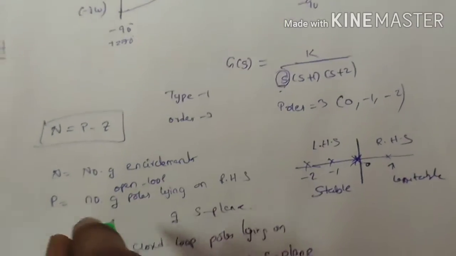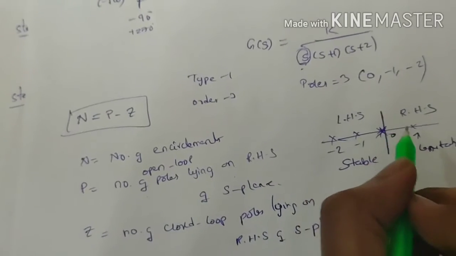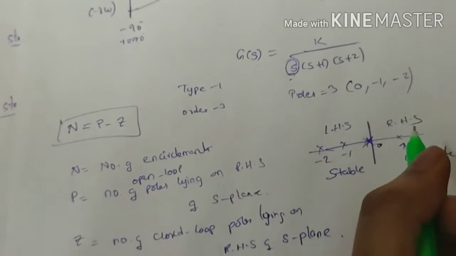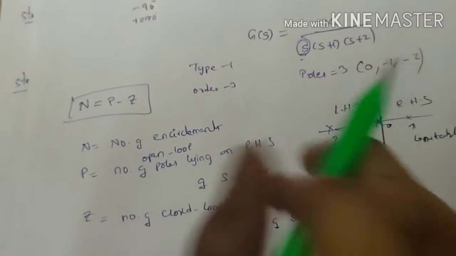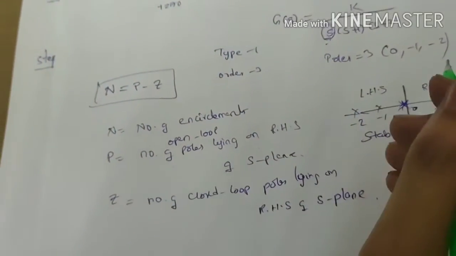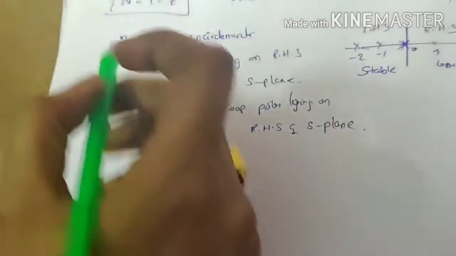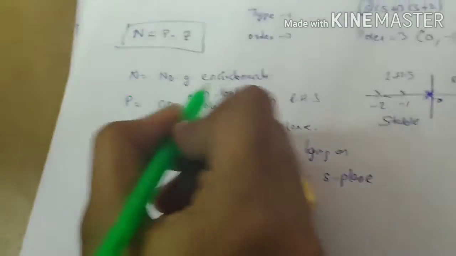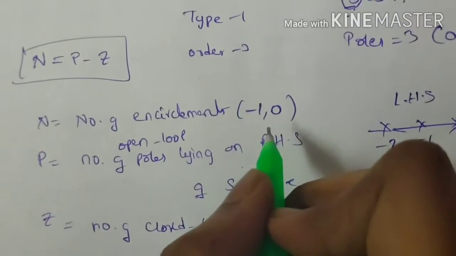So whether it is a closed loop or open loop pole, no pole should lie on the right hand side of the S plane. If any pole is lying on the right hand side, the system will become unstable. So we have to take care that all poles lie on the left hand side, then the system will become absolutely stable. Now look here, N represents the number of encirclements around the minus 1, 0 critical point.